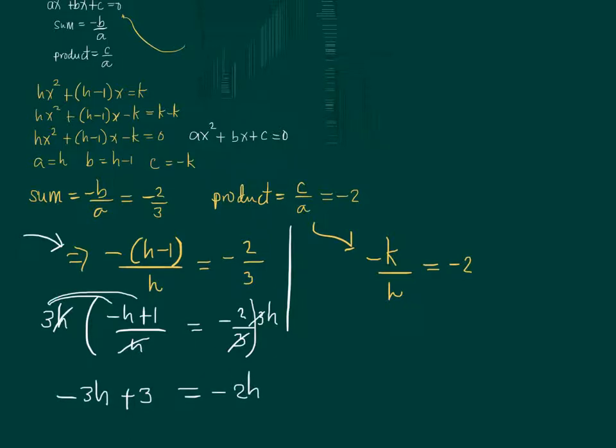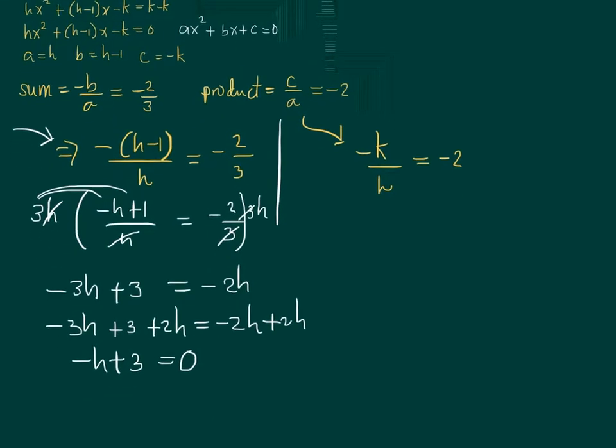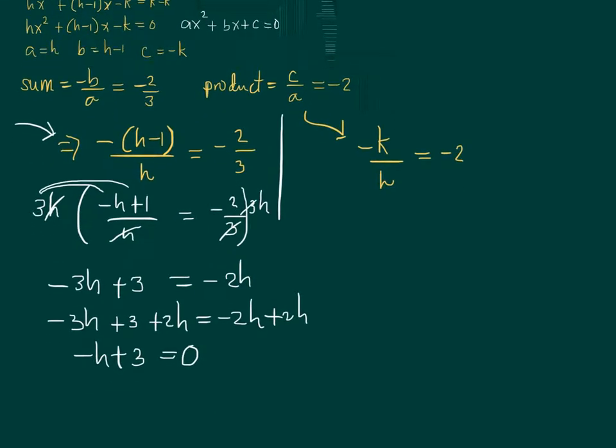You have negative 3h plus 3 equals negative 2h. Then if you add 2h on both sides, minus 2h plus 2h, you now have negative h plus 3 is equal to 0.